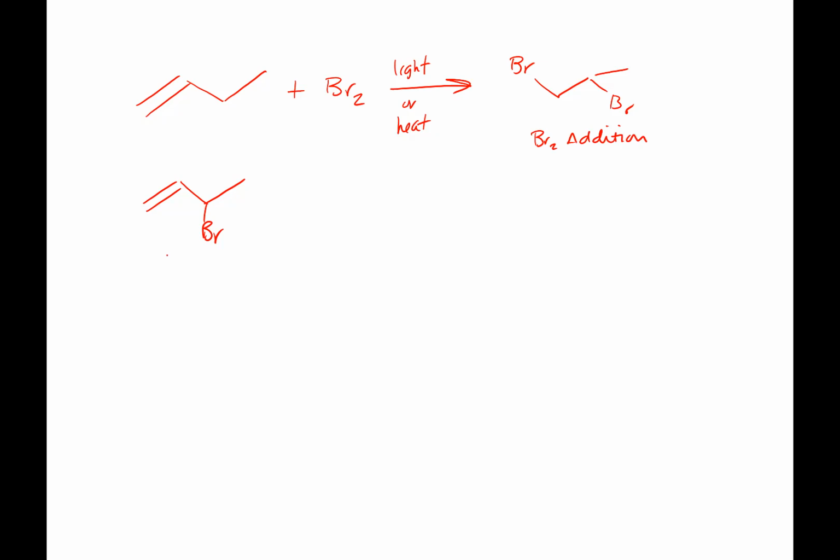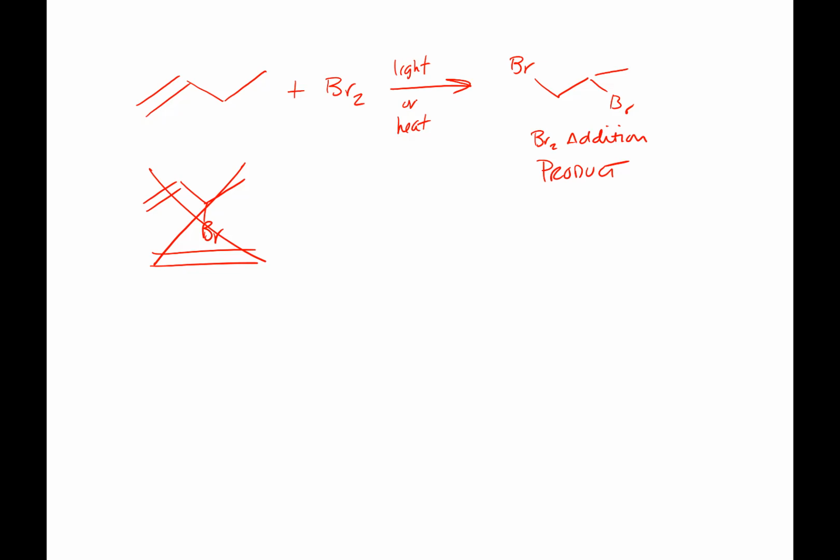So you're going to get this product, and this one will not form because the bromine is going to add to the double bond much faster than do a free radical halogenation. So whether the light or the heat is there is irrelevant. When you have a double bond, the bromine will add.